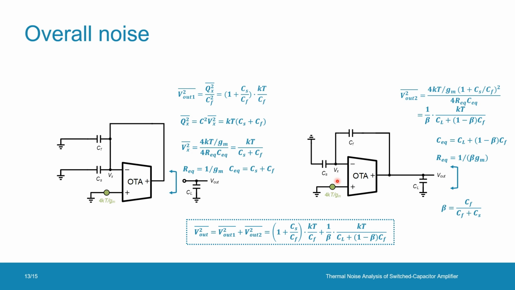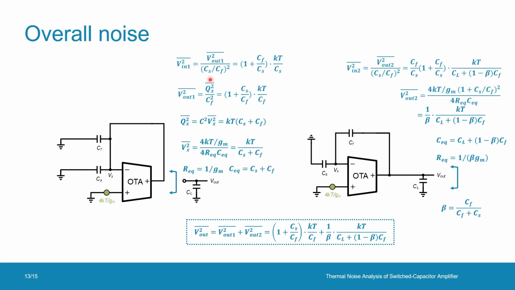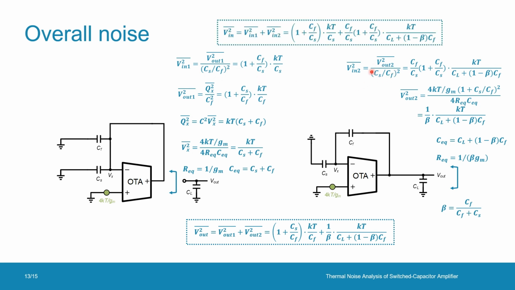And this probably explains the reasons why we don't care much about OTA offset voltage and flicker noise for this switched capacitor amplifier. Now, typically, people like to do input referred noise analysis. And for that, we simply divide the output noise by the closed loop gain Cs over Cf, and then again sum them together.